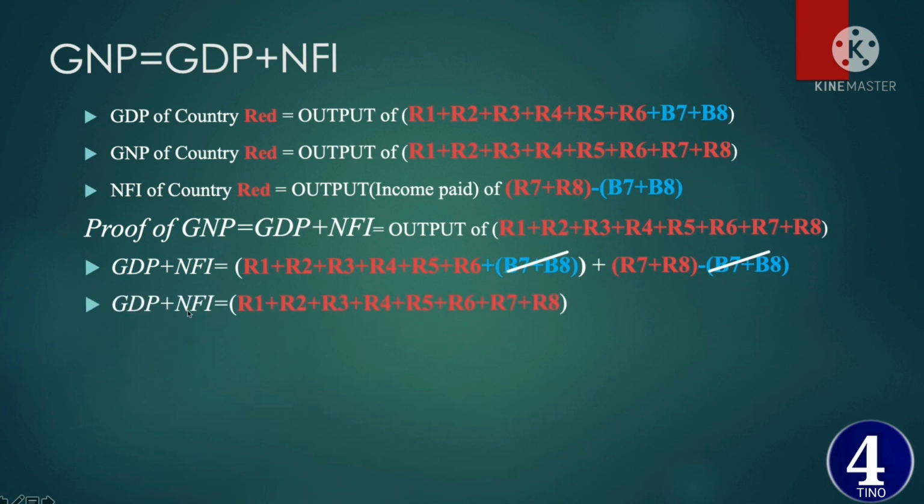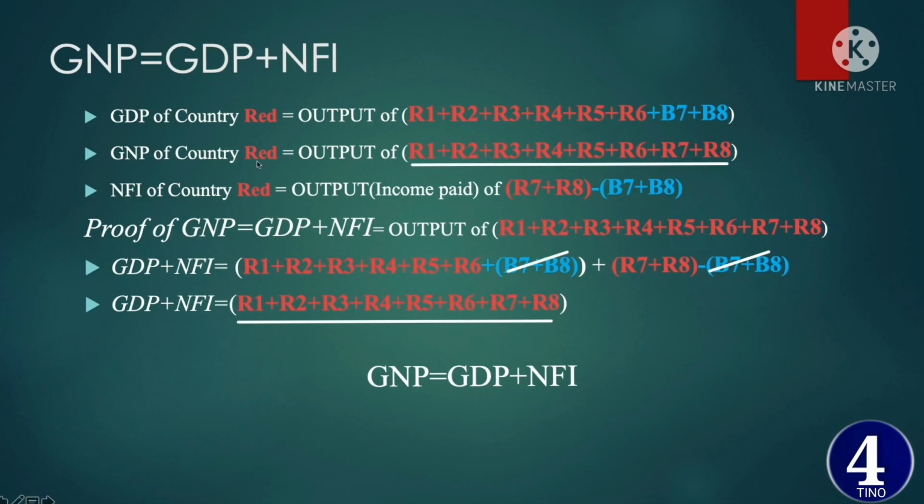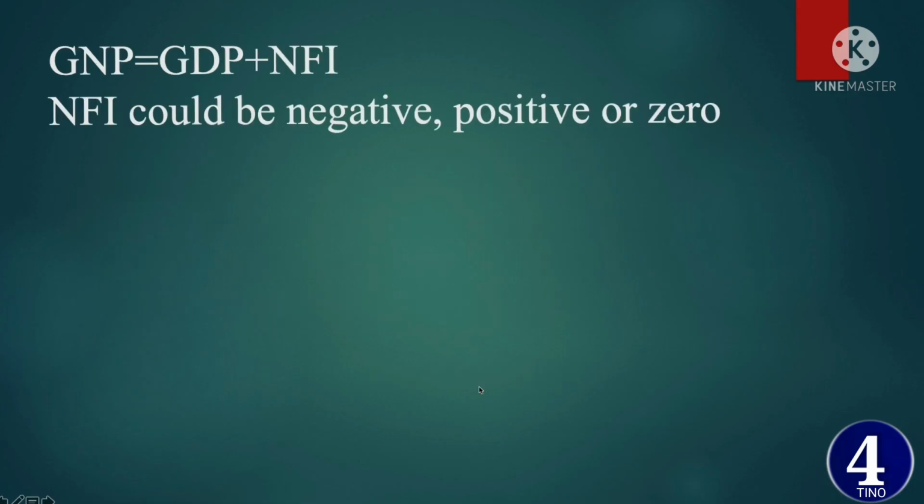So GDP plus NFI is equal to R1, R2, R3, R4, R5, R6, R7, and R8, which is GNP equals GDP plus NFI. And this result is exactly the same as the GNP of a given country, which is the red R1 up to R8. So yes, we proved that GNP is equal to GDP plus NFI.